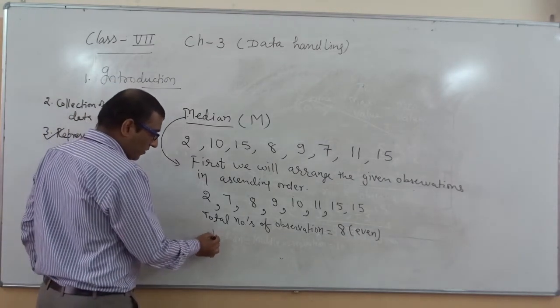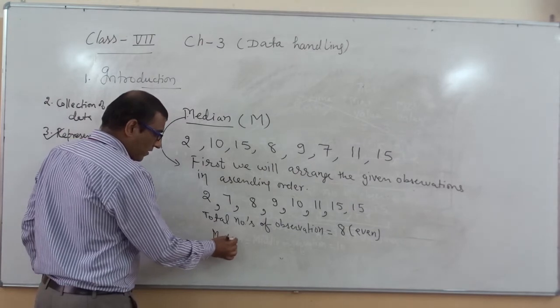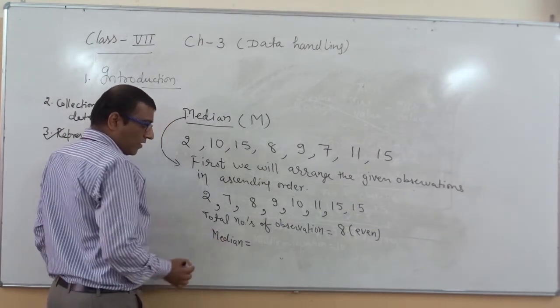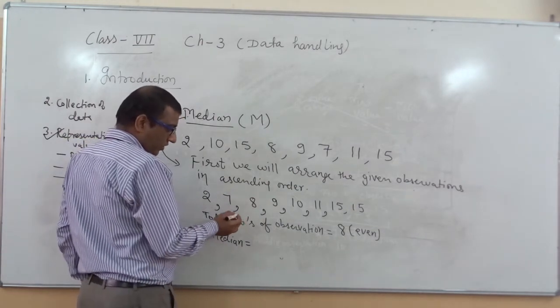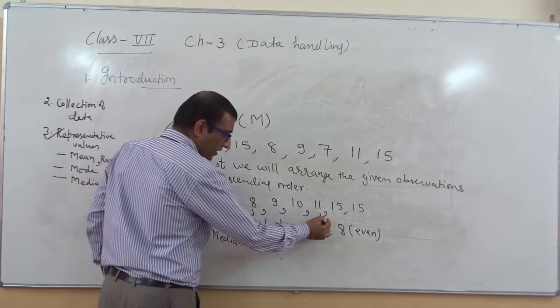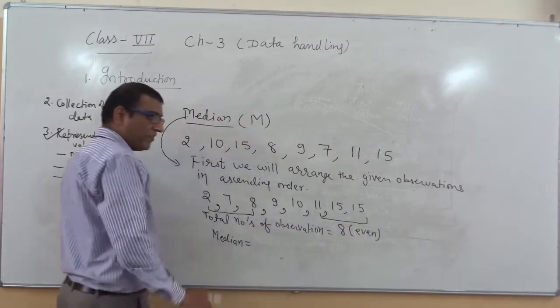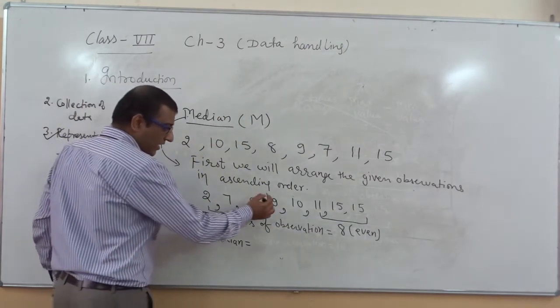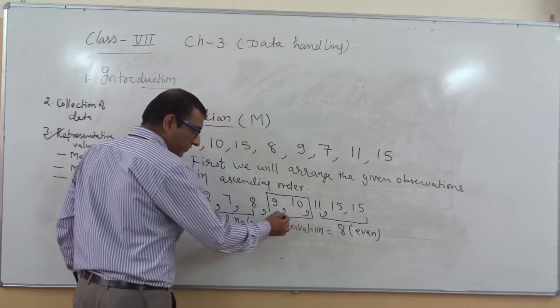So in this case, if you see, out of the 8 observations, 3 are on the left hand side and 3 on the right hand side. We just remove these data and we take 9 and 10 both.